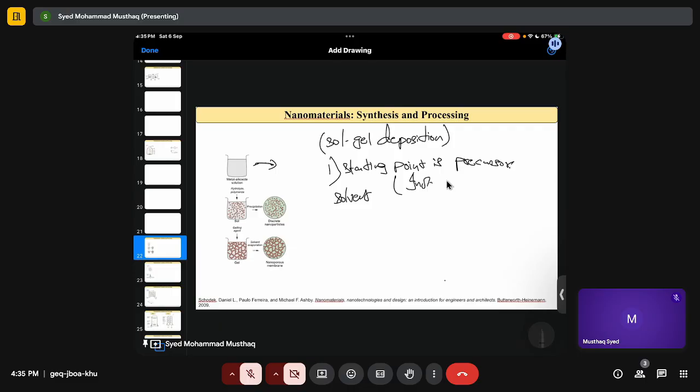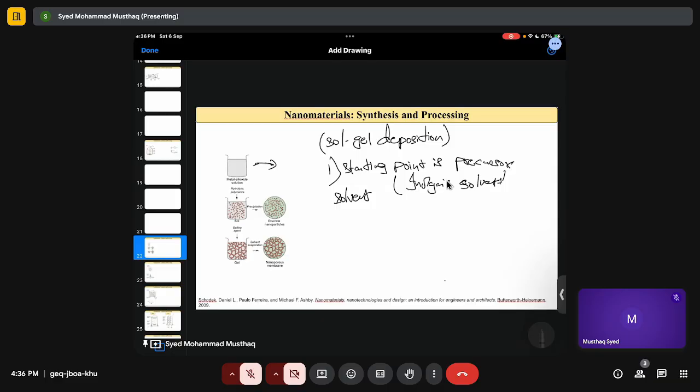Solvents can be inorganic solvents. Again, the precursors can usually be inorganic metal salts or metal organic compounds or metal alkoxides or metal ions with organic ligands. There can be anything for precursors. Okay, it depends upon what you are trying to make. The precursor is then subjected to a polymerization reaction to form a colloidal suspension.